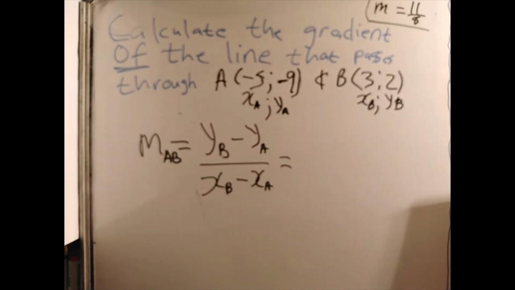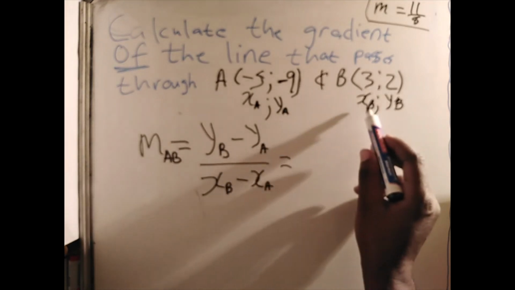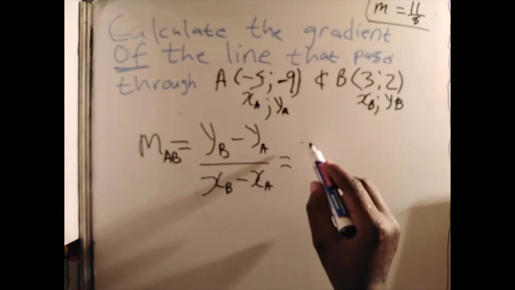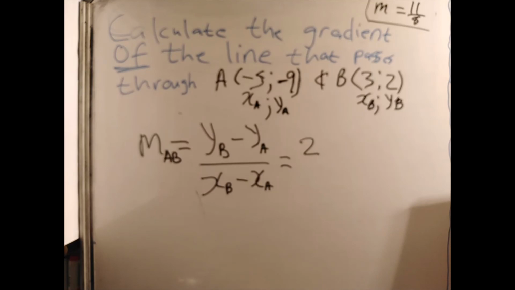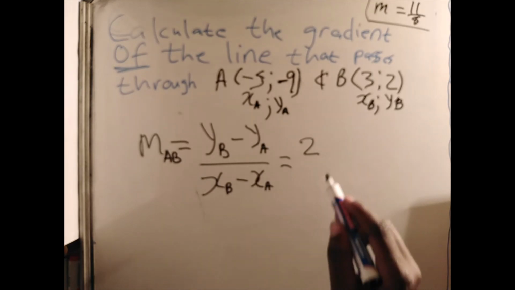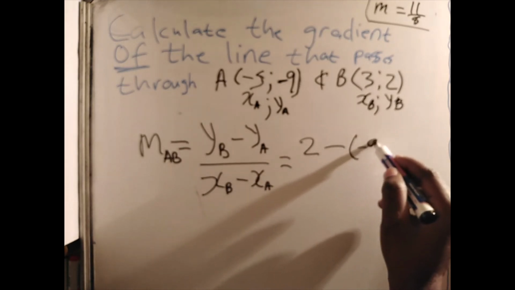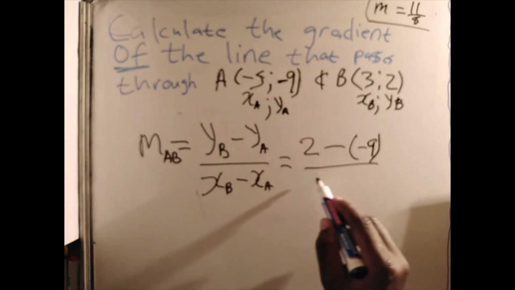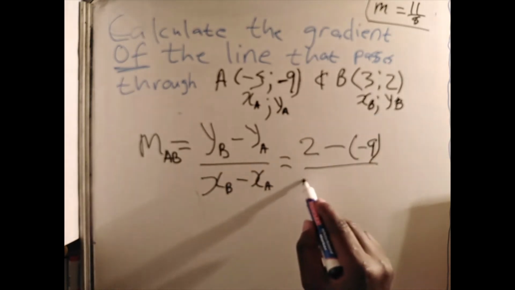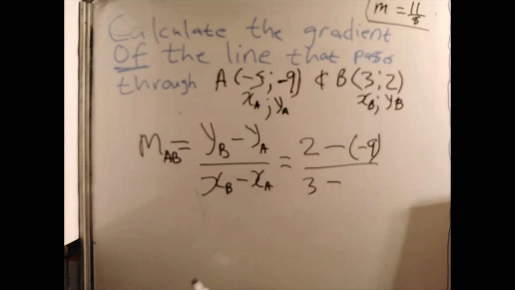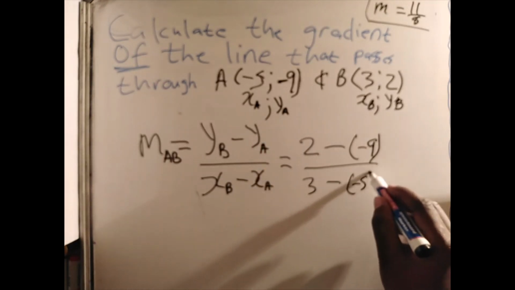Okay. So yB, what is yB? yB is 2, and then yB minus yA, which is minus 9, and then over xB, where is xB? xB is 3 minus, where is xA? xA is minus 5.